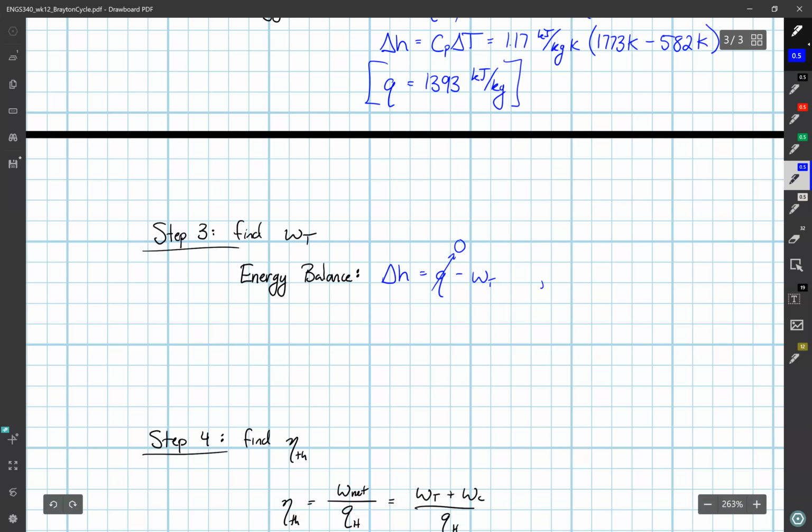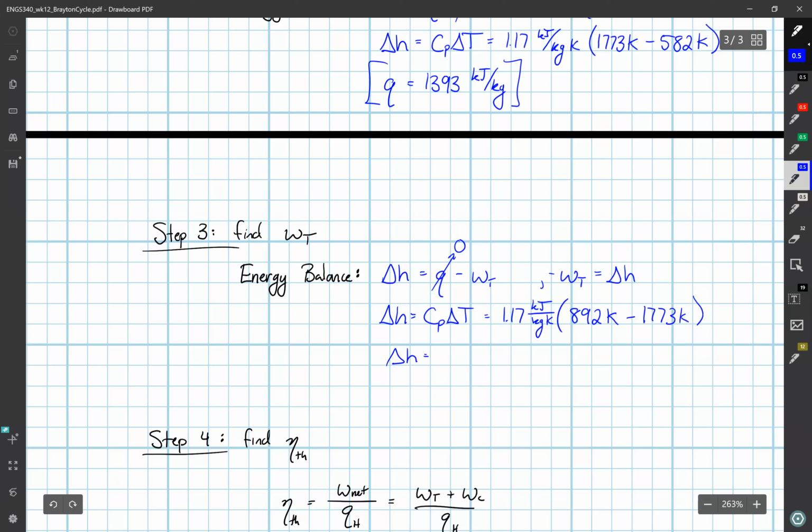So minus WT equals delta H. Delta H equals Cp delta T, which is 1.17 kilojoules per kilogram Kelvin, times our change in temperature, which is 892 Kelvin, right? That's the outlet temperature of our turbine minus the inlet temperature, 1773 Kelvin or 1500 Celsius.